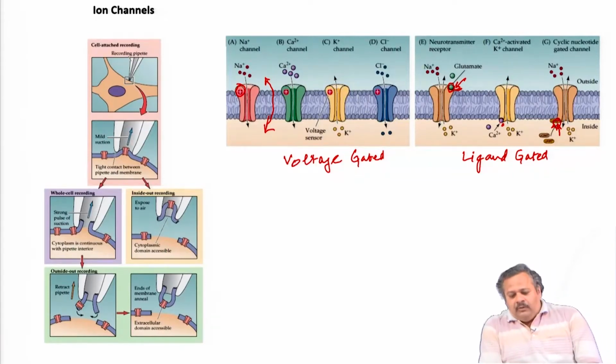We will come across the ligand gated ones primarily in the context of a synapse on the postsynaptic side, where the neurotransmitter receptors themselves are these ligand gated ion channels, and the voltage gated ion channels will primarily be on the soma in order to understand the action potential.